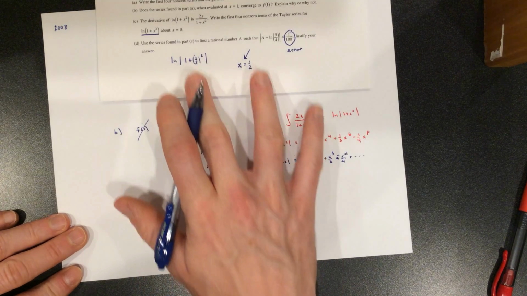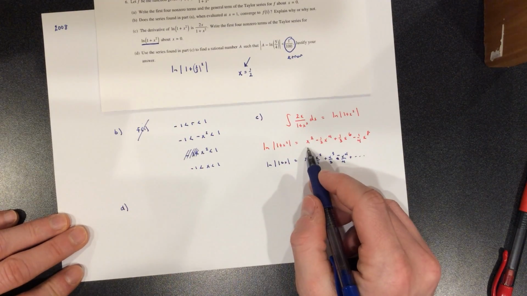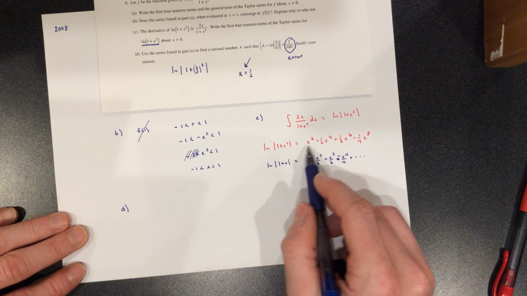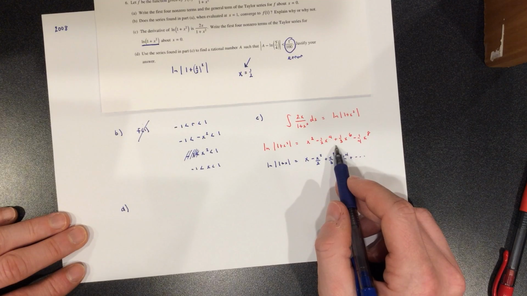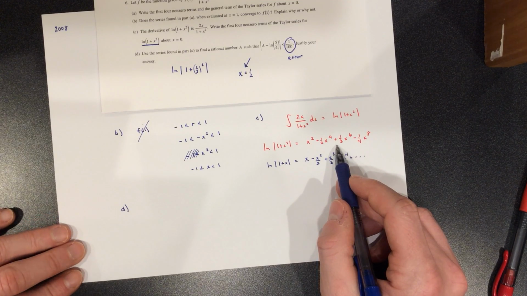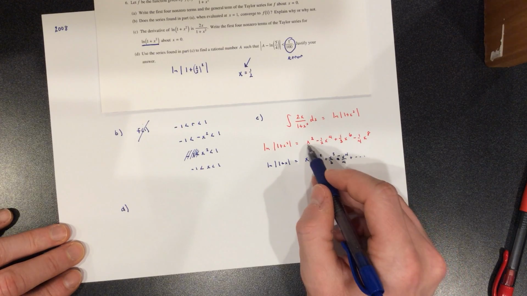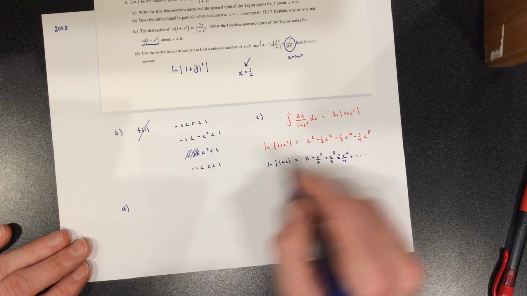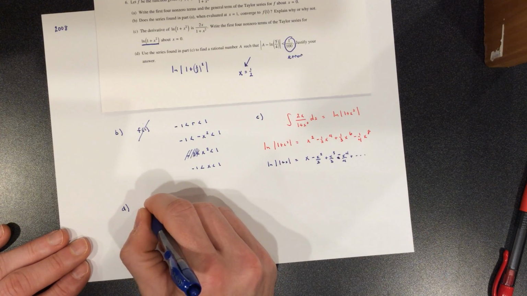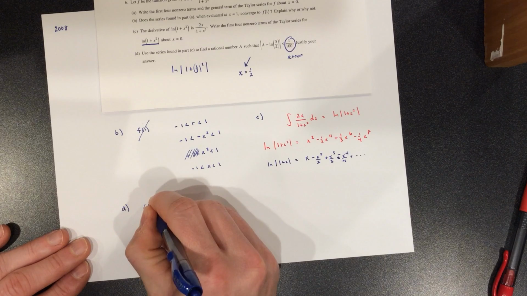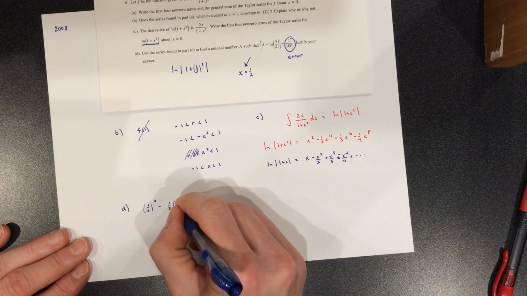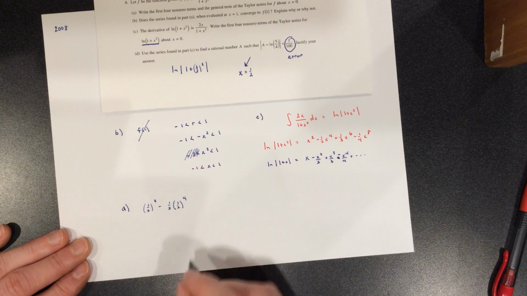So what you need to look at now is this series. Okay? If you look at this series for when x is 1/2, when does the error become less than 1 over 100? Okay, and this term here is 1/4. Okay, so that's 1/2 squared. That's minus 1/2 times 1/2 to the 4th.